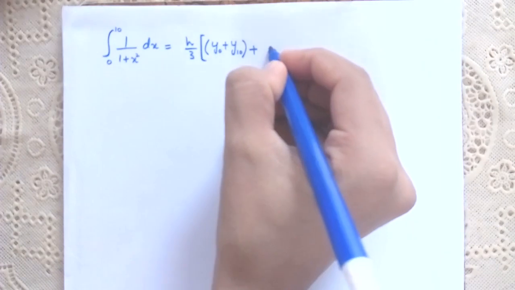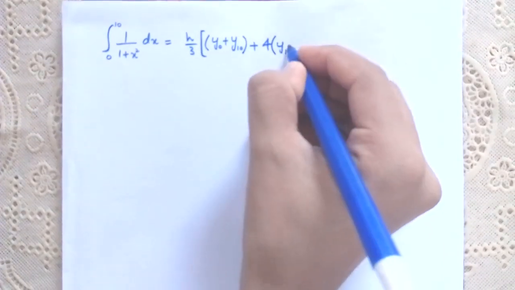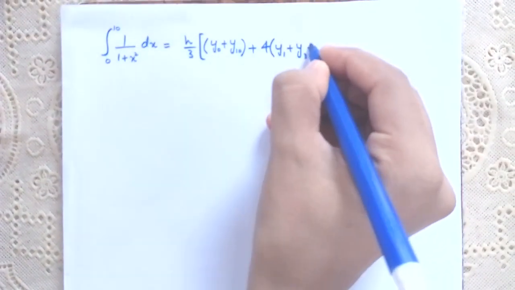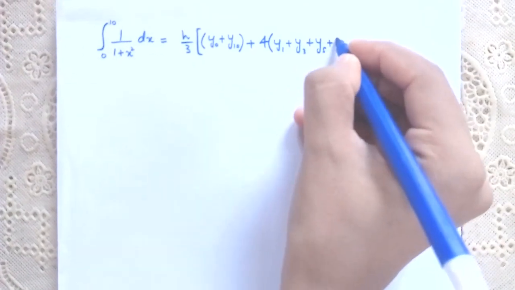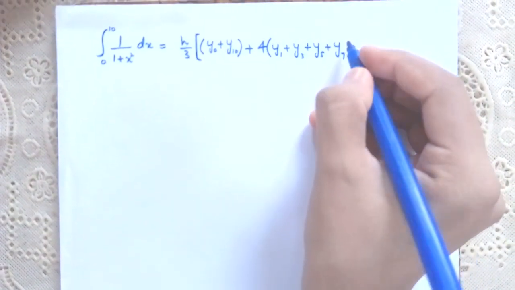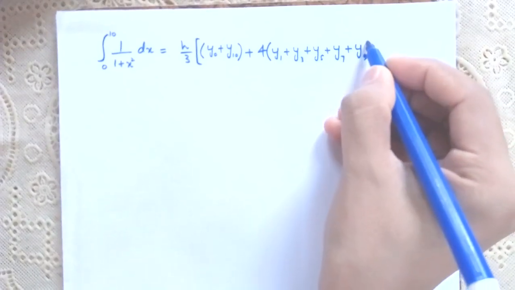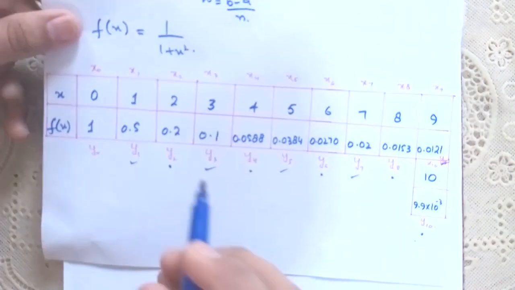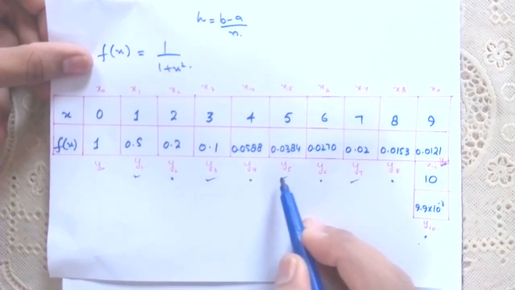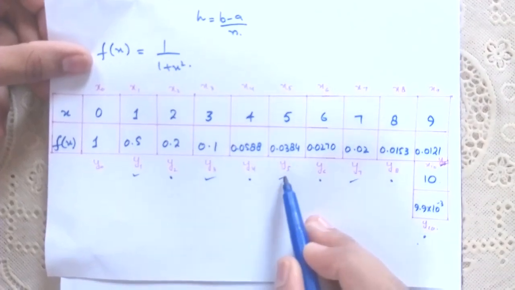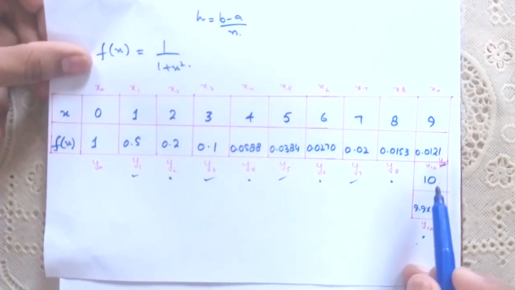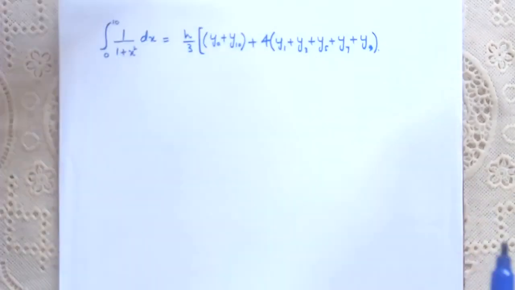So 4 (y1 plus y3 plus y5 plus y7 plus y9), right? Means y with odd subscripts y1, y3, y5, y7, y9, right?